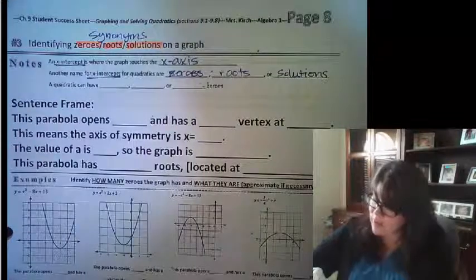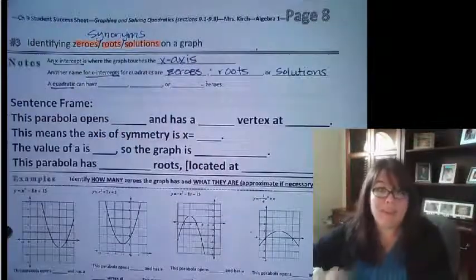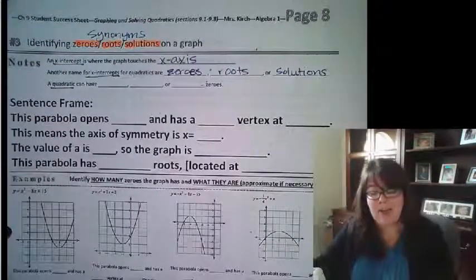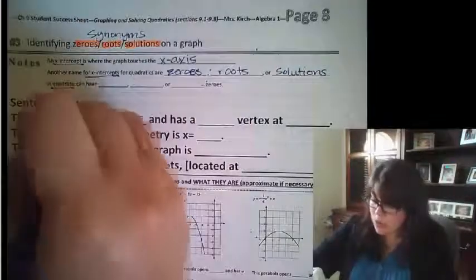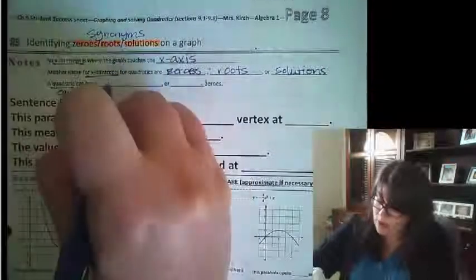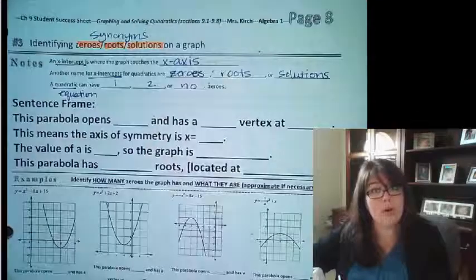A quadratic, remember, is just a fancy name for parabola. That's the name of the equation, and parabola is the name of the graph. So a quadratic equation can have 1, 2, or no zeros.